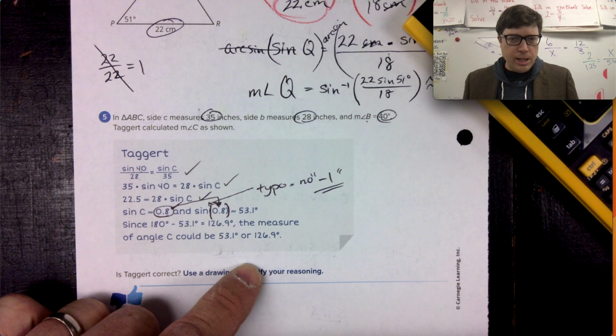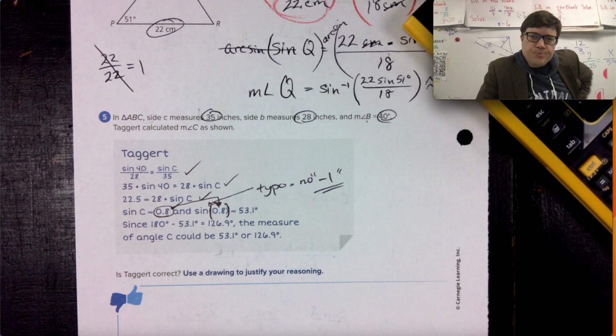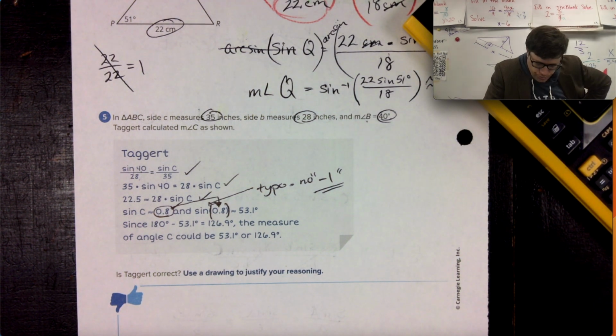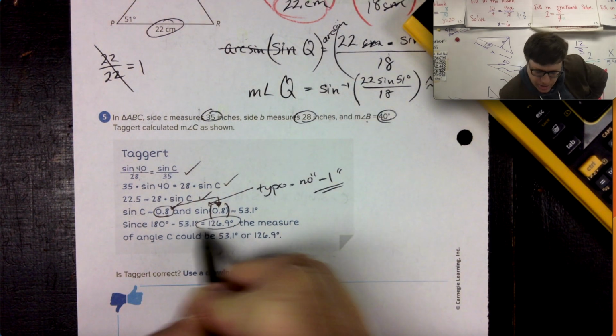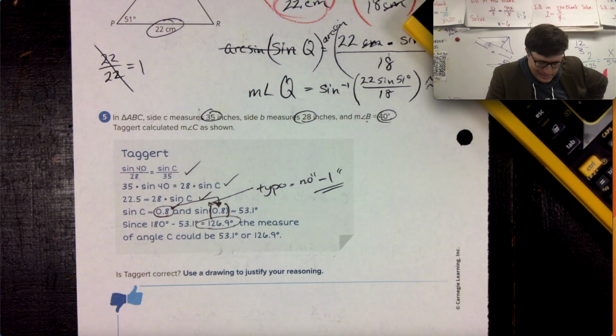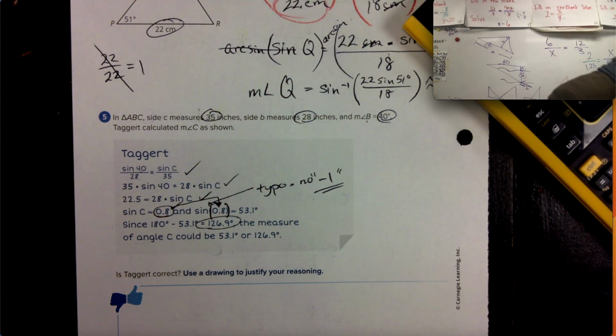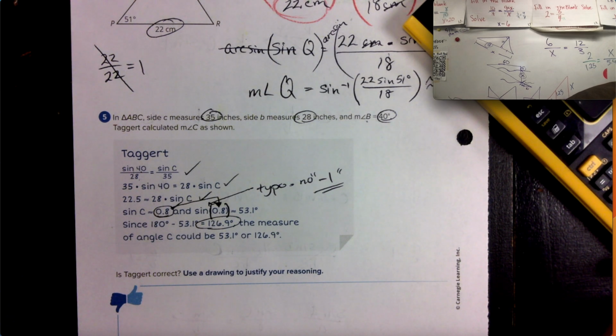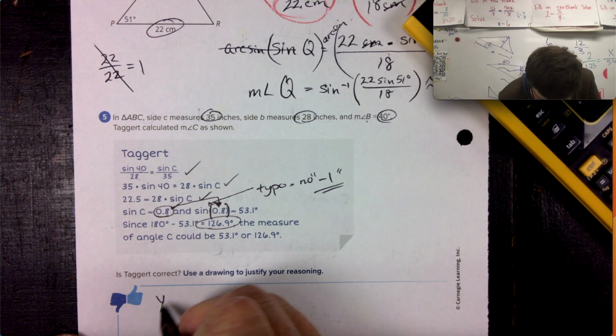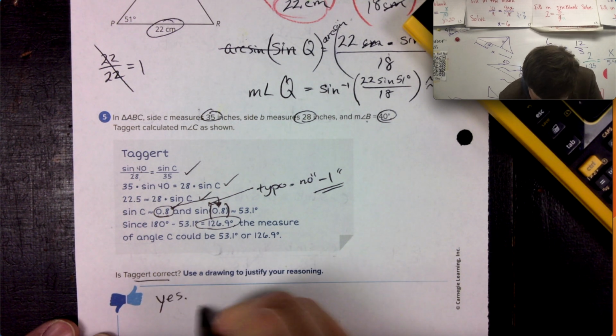Angle C could be, ooh, I don't agree with that. This is like the other degree. Yes, there are two angles that have a sine value of 0.8. Correct.